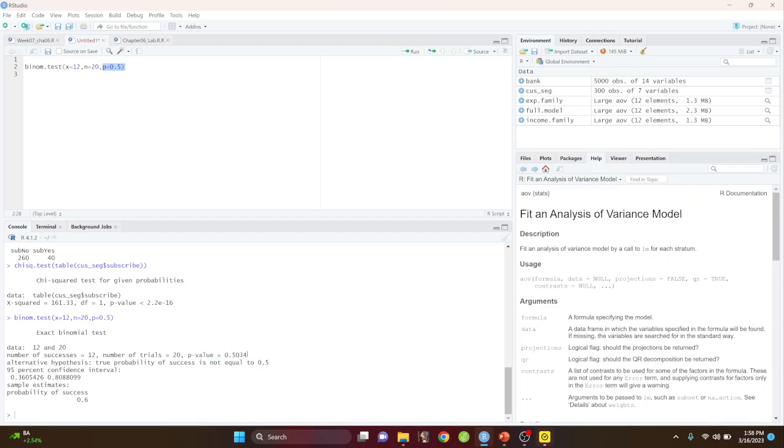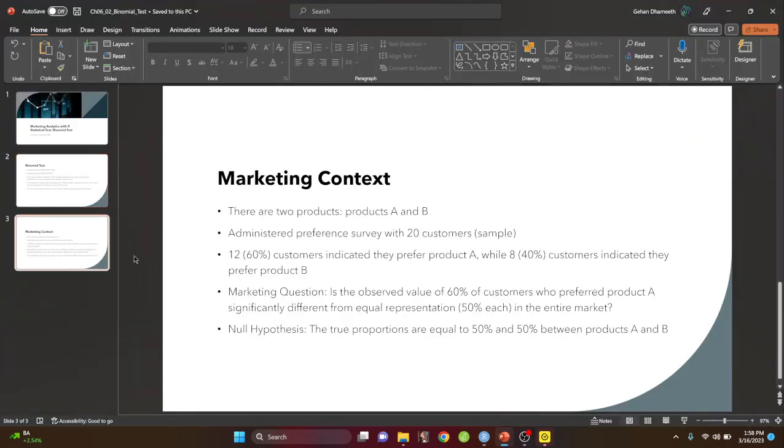Based on the p-value technique that we use, the p-value that we have yielded here is 0.50, which is greater than 0.05. So in that case, it says that there's statistical evidence to accept the null hypothesis. What is our null hypothesis? Our null hypothesis is the true proportions are equal to 50-50 between A and B products in the marketplace.